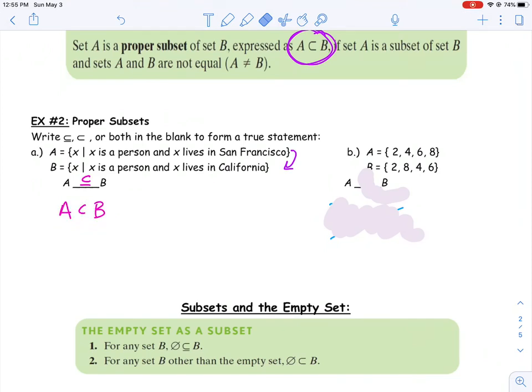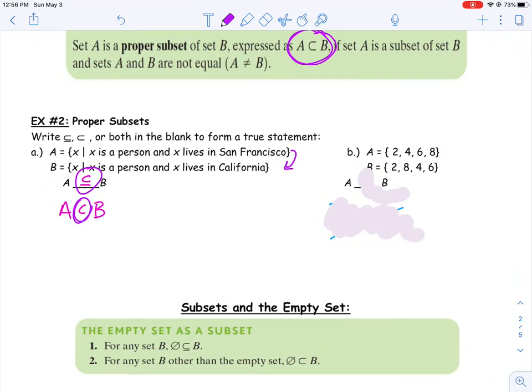Well, no. Aren't there extra people that live in California but don't necessarily live in San Francisco? So if you were to write them out in roster method, they wouldn't have the same exact elements. Every element in A would be in B, but B would have some extra. So we could actually say that this is not only a subset, it's a proper subset because they're not the same exact thing.